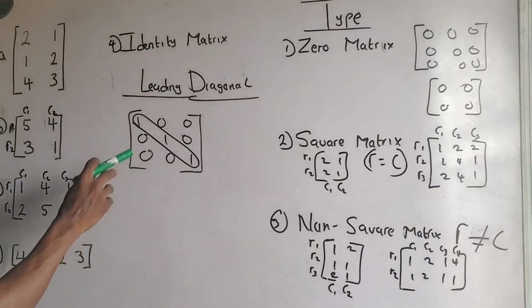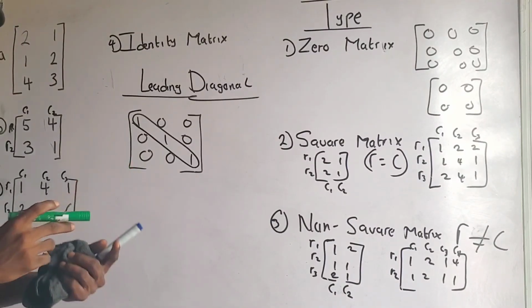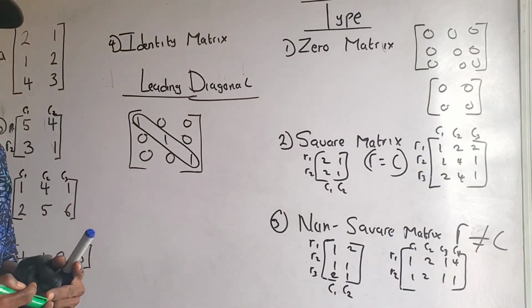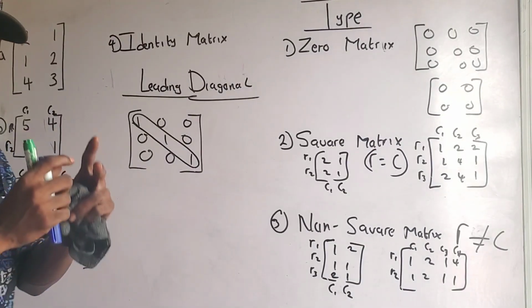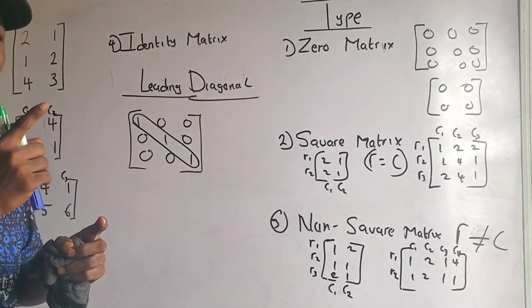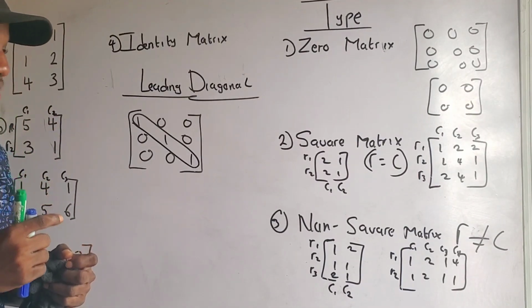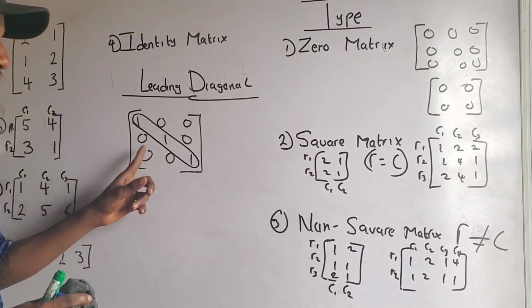So, this kind of matrix that you see here is called an identity matrix. Why? The simple reason is that it satisfies the condition. The condition for a matrix to be called an identity matrix is that every other element must be 0 except the elements in the leading diagonal, and those must be 1. Are you getting it? So please pay attention to that. I have already introduced you to a concept known as leading diagonal.